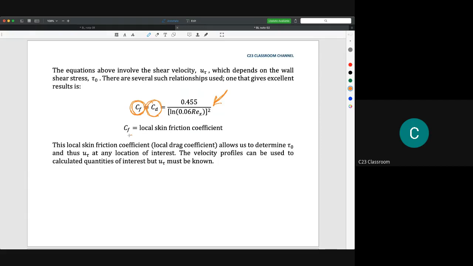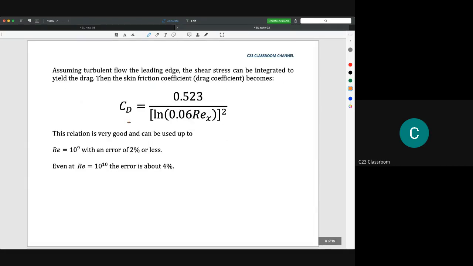So this is the value of CF, and the most important is the value of CD. The value of CD here is equal to 0.523 over ln squared of 0.06 Reynolds number x. So it is okay for the empirical.